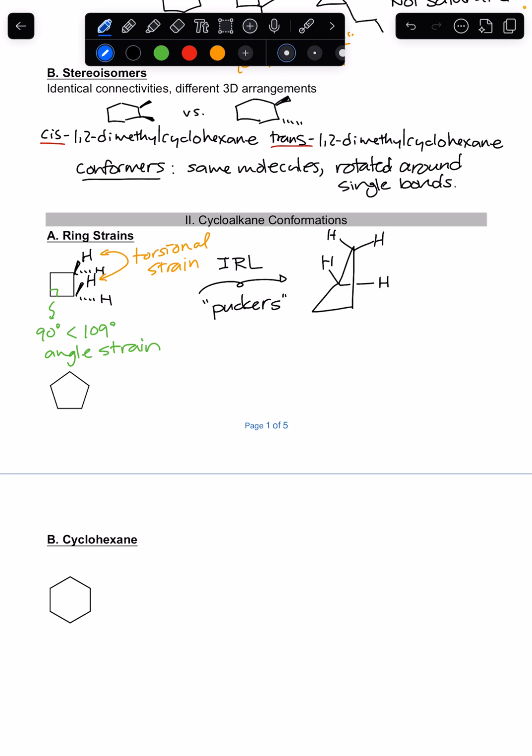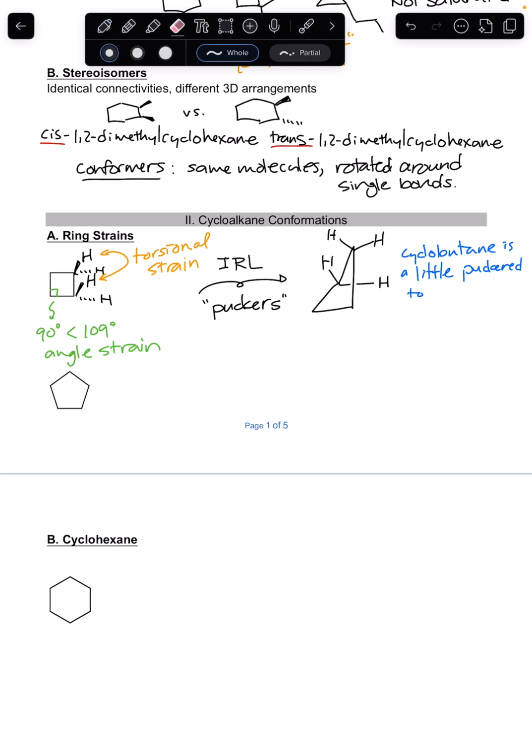Okay, so cyclobutane is a little bit puckered, so as to avoid the strains, especially the torsional strains.